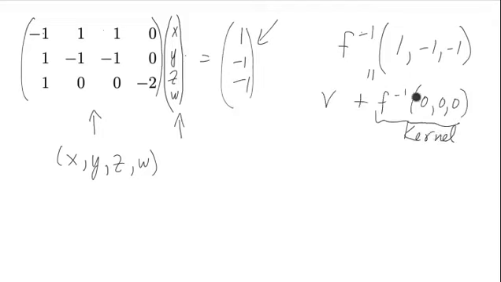In other words, the pre-image of this is a single vector shifted by a whole subspace of the domain, because the kernel, or the pre-image of zero, is a subspace itself, a vector space of the domain. You can think of it as this whole subspace, just shifted over by v.